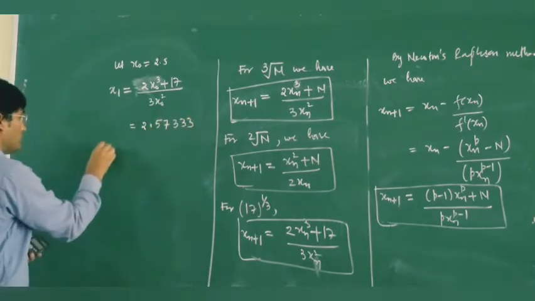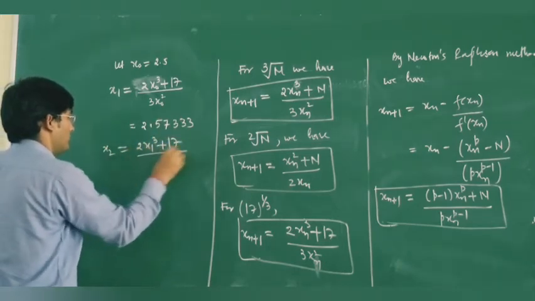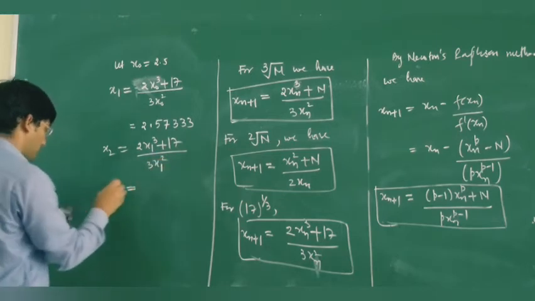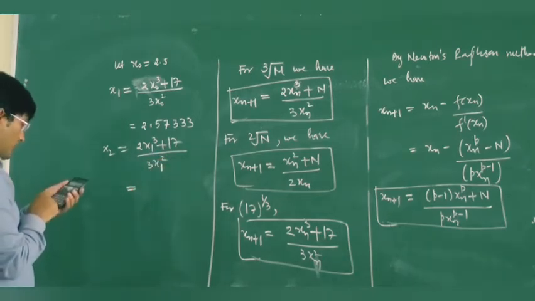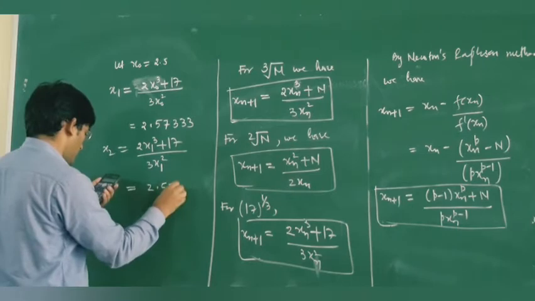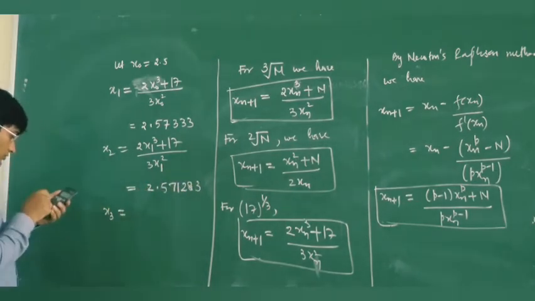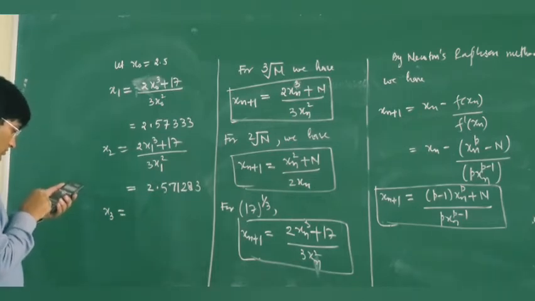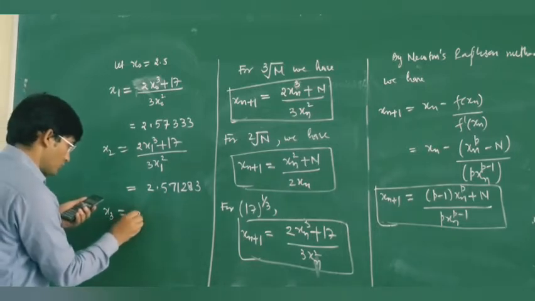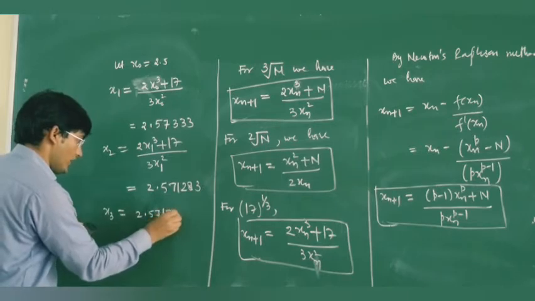2.5733, and your x2 will be equal to 2 x1 cube plus 17 divided by 3 x1 square, and this is equal to 2.571283. Your x3 will be equal to 2.571281.